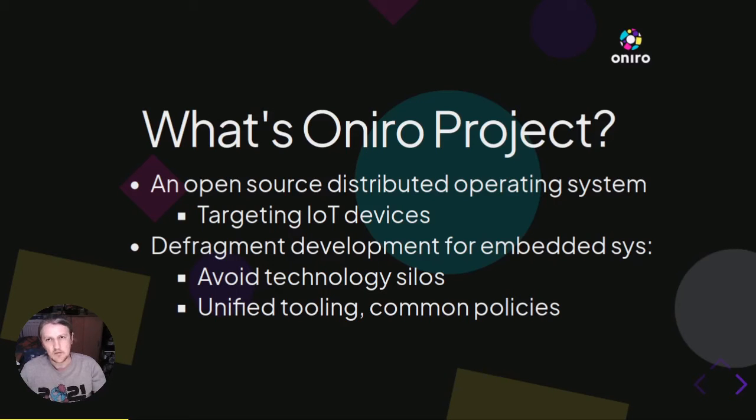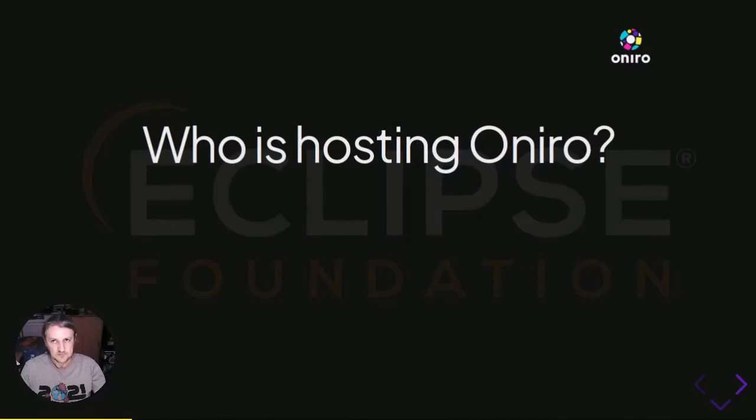So we can simplify this by unifying the tools. This means how you build software, and even if you are working on a different range of devices, you are writing code, and there are a lot of common policies that can be applied differently depending on the context. So that's the challenge of the Oniro project.